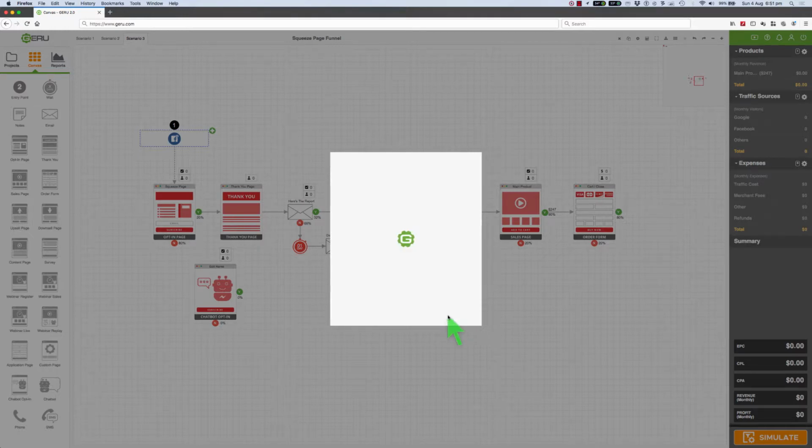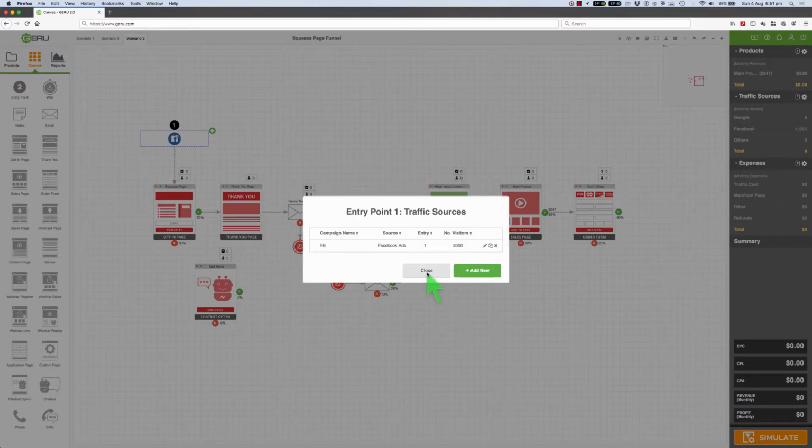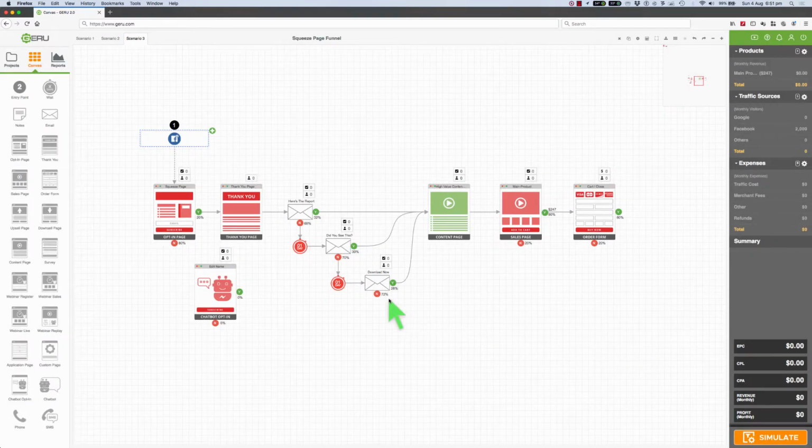What would that do to our simulation? Let's look at that, and this is without the extra email we did in scenario 2. So let's run the figures here, and as you can see, improving the quality of the input audience makes an even more significant difference to our monthly profit.